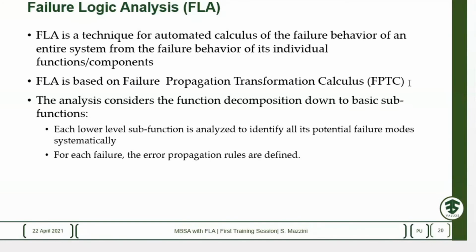The references are in deliverable 3.1. The analysis considers the function decomposition down to basic sub-functions, and each lower level sub-function is analyzed to identify the potential failure modes systematically, and for each failure, their propagation rules are defined.